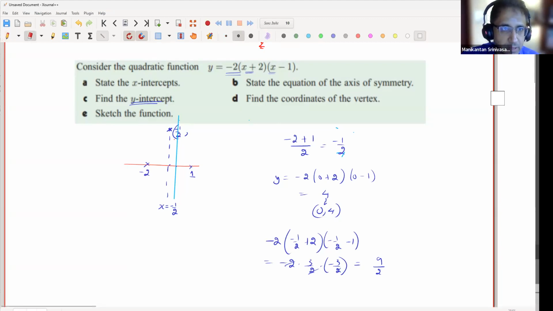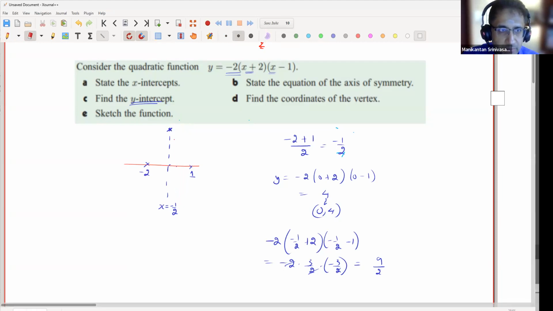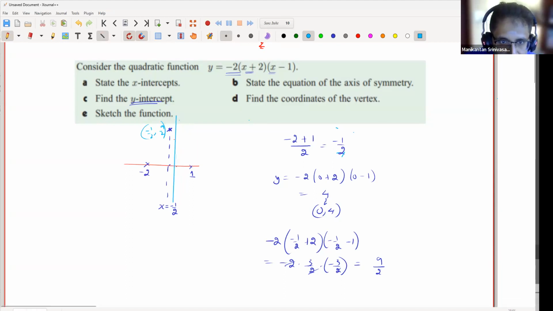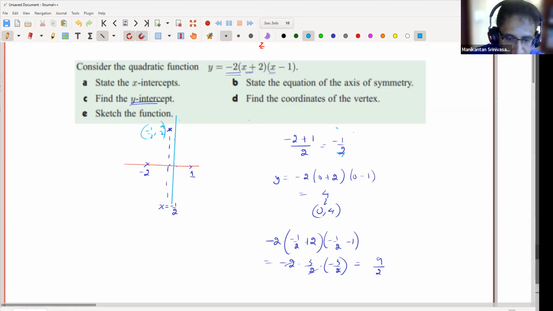Just erase this a little bit here. This was -half, 9 by 2, which is 4.5. The y-axis was here. And this point was 0, 4.